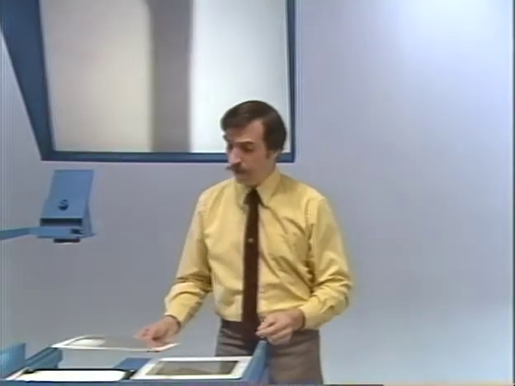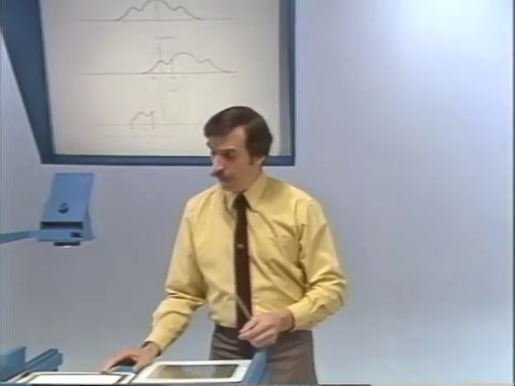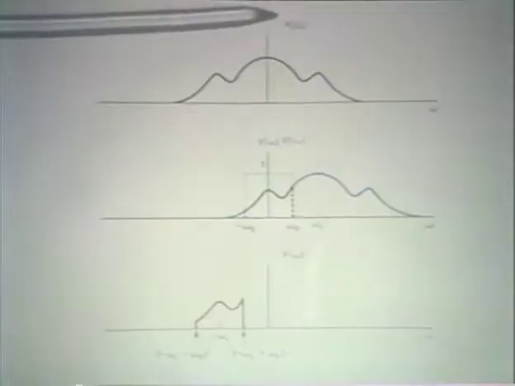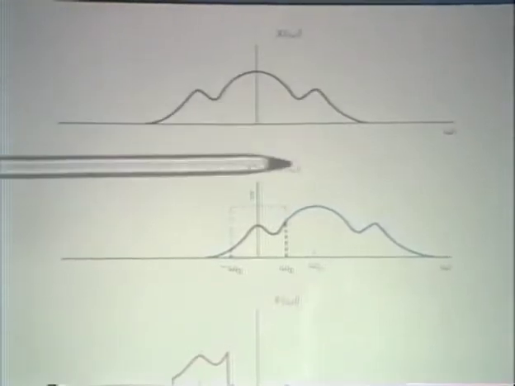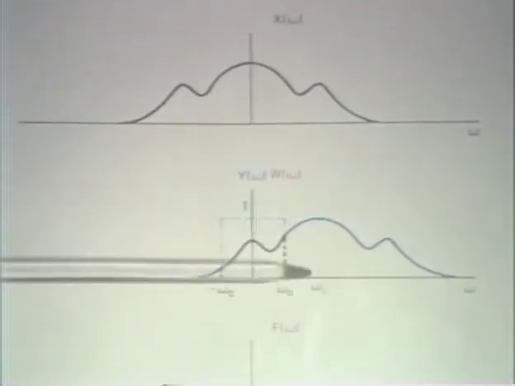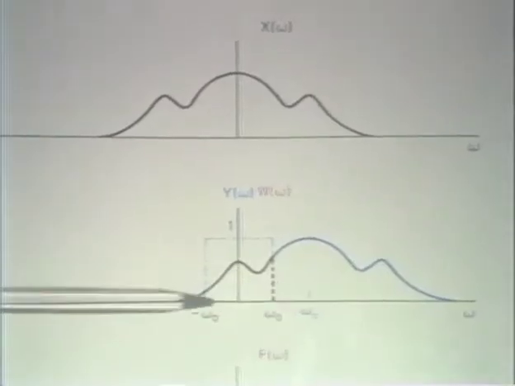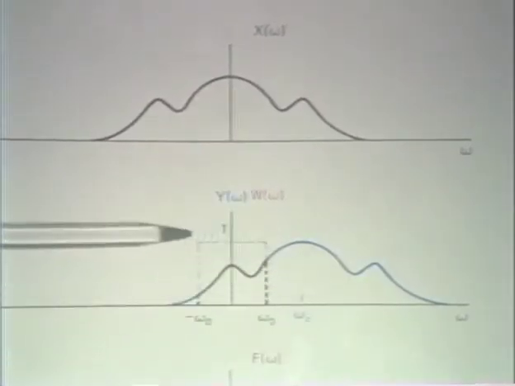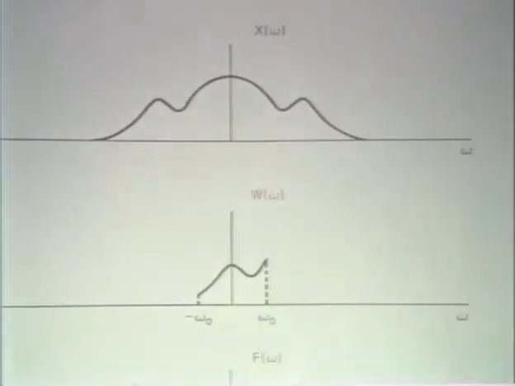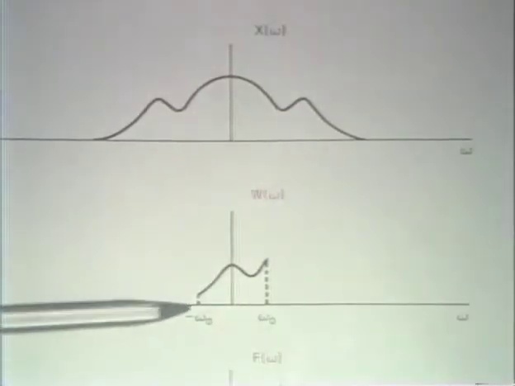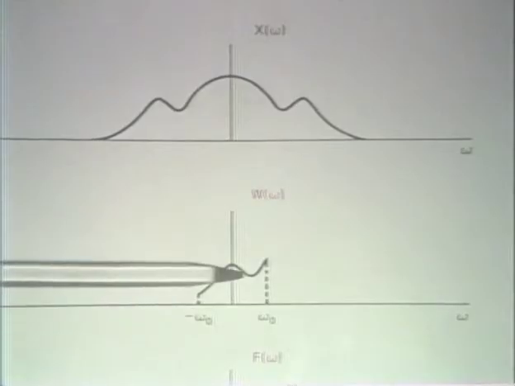So if we look at that in terms of actually tracking through the spectra, we would have initially a spectrum for the original signal, which I show at the top as x of omega. After modulating or shifting that spectrum up to a center frequency of omega c, we then have what I indicate here, and the dotted line corresponds to the passband of the low-pass filter. Well, the result of low-pass filtering rejects all the spectrum except the part around low frequencies.